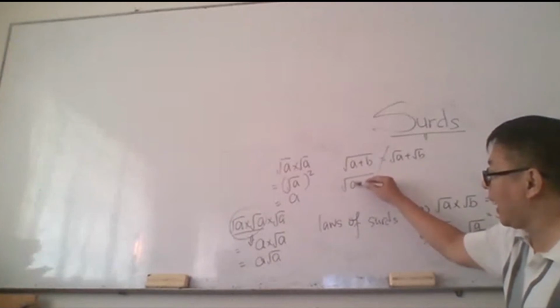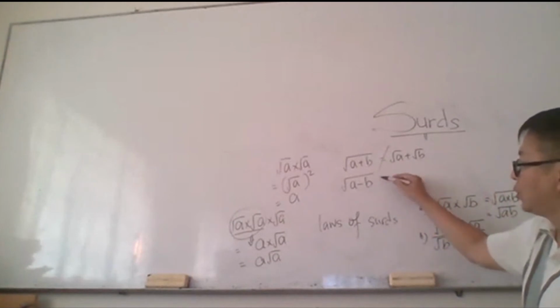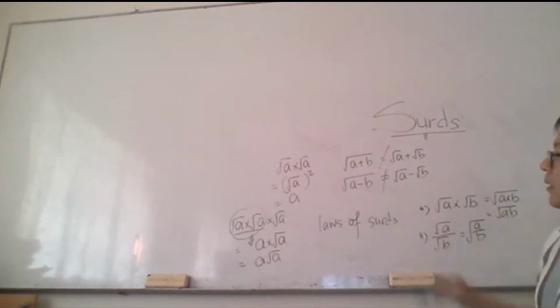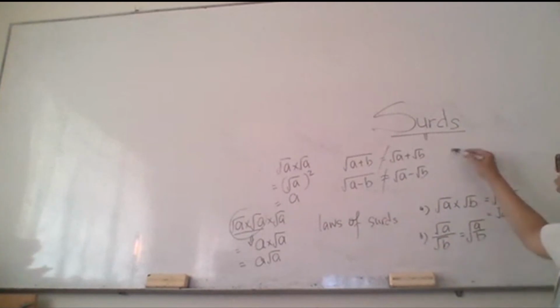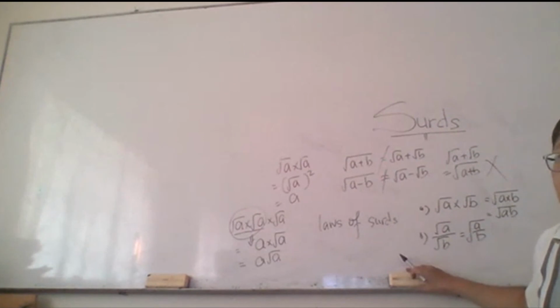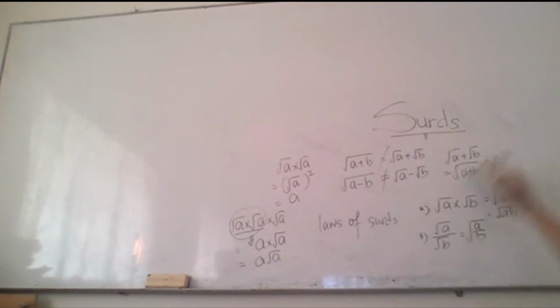And square root A minus B also cannot equal square root A minus square root B. So if you put square root A plus square root B equal to square root A plus B, this will be absolutely wrong. There is no law for that.